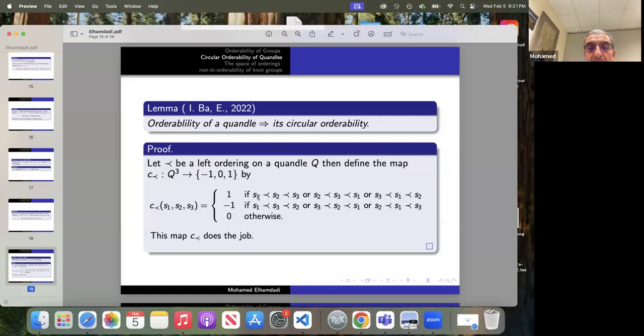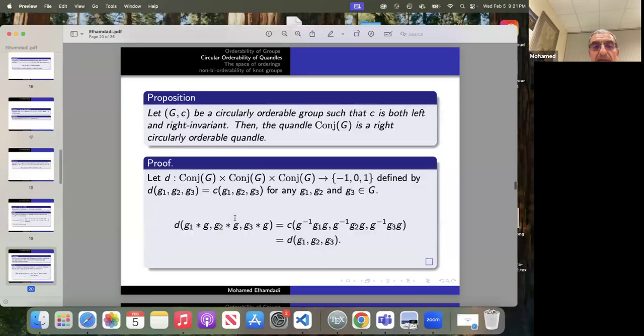If they are in this cyclic order, S1 less than S2 less than S3, or S2 less than S3 less than S1, then you make it +1. Otherwise, if you go in the opposite direction, it's -1. Outside of that, you put 0. One can check that this satisfies the equations of circular orderability.